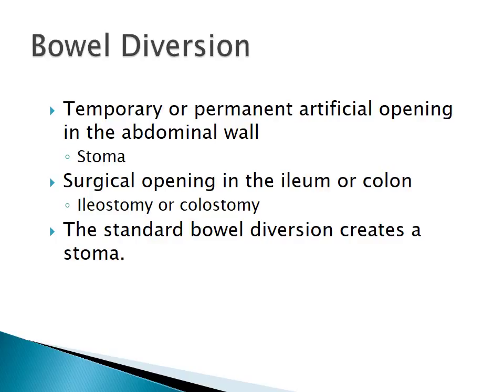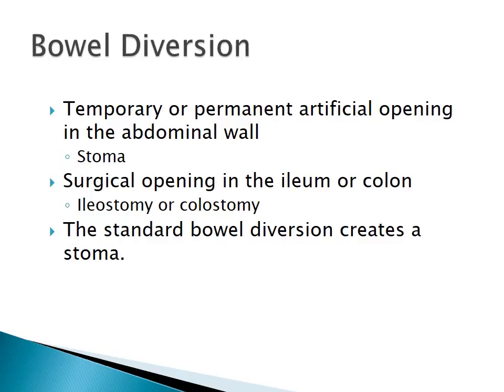That will determine whether it will be an ileostomy or a colostomy. If you think about the name in itself, the name has where it is. So if it's an ileostomy, it's in the ileum, and if it's a colostomy, it's in the colon. If you want to refer back to the picture that we showed you earlier, it'll give you an idea on where it would be.